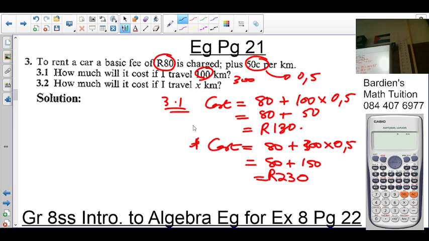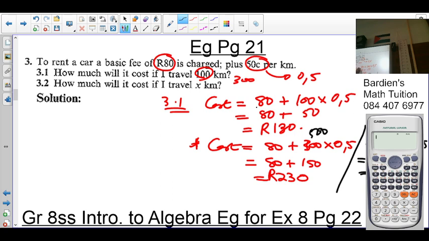What if we covered 500 kilometers? It will be 80 plus 500 times 0.5, which is equal to 80 plus 250. So that's going to give you 330 Rand. You understand?